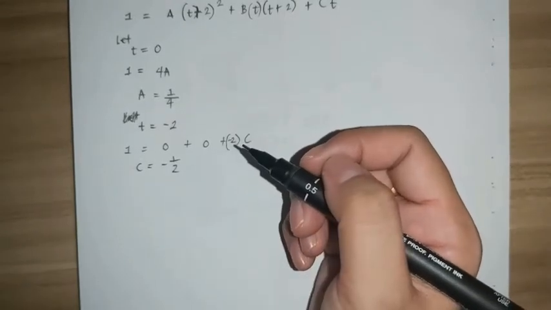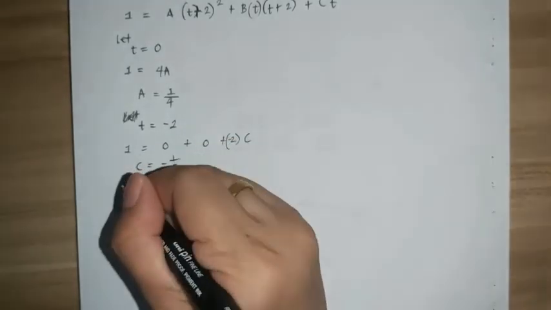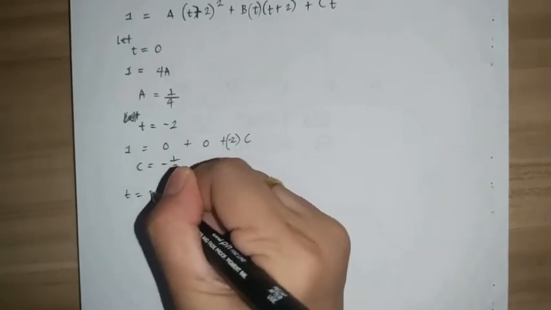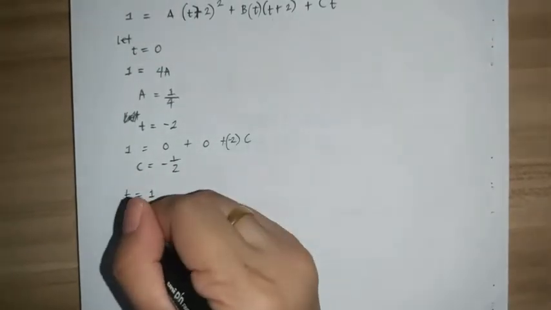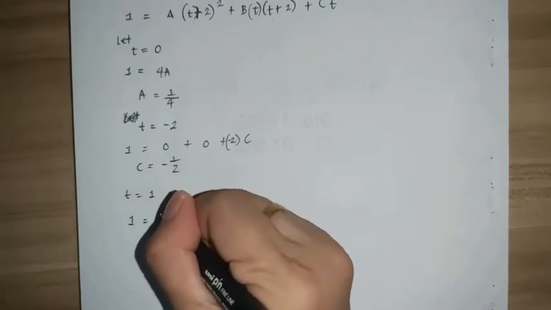So let's say t will be 1, right? So we have 1 is equal to a.